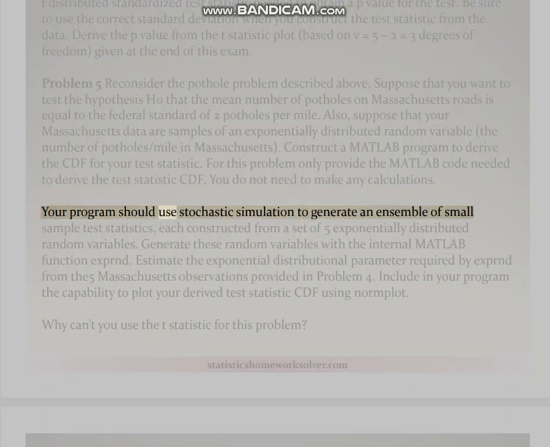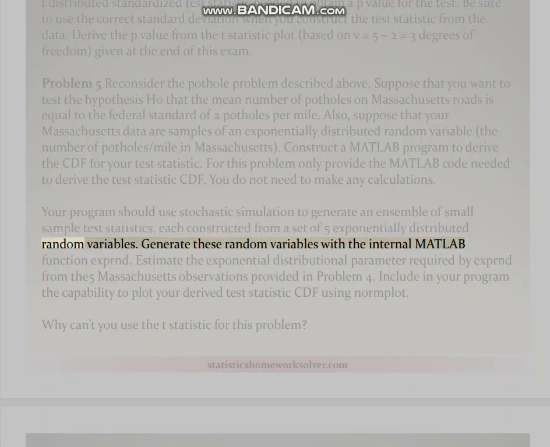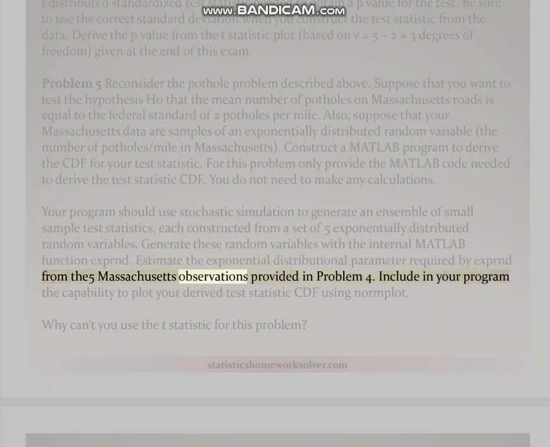Your program should use stochastic simulation to generate an ensemble of small sample test statistics, each constructed from a set of 5 exponentially distributed random variables. Generate these random variables with the internal MATLAB function exprnd. Estimate the exponential distributional parameter required by exprnd from the 5 Massachusetts observations provided in problem 4.